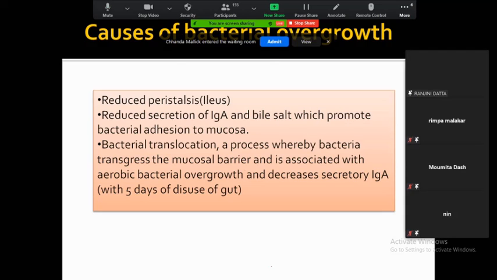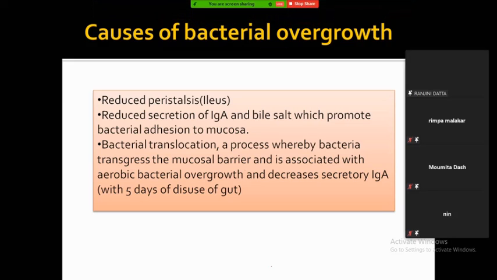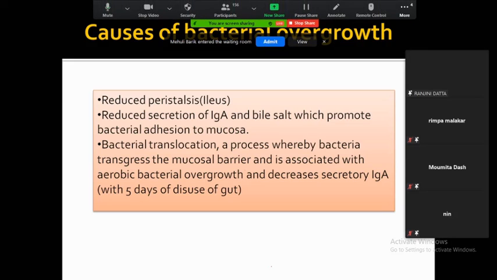Now, let me say what is the problem that happens with parenteral nutrition. Basically, when we are feeding the patient parenterally, we are reducing the peristalsis. There is no food moving through the GI system, so the body does not need to have this peristalsis movement.